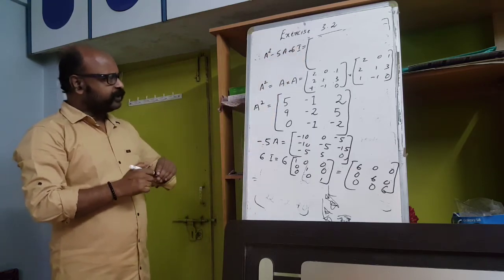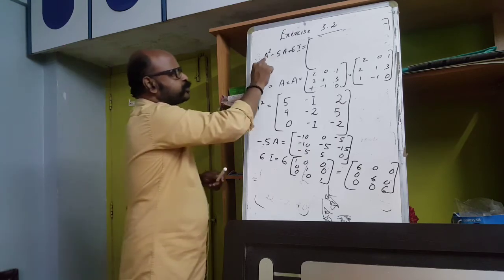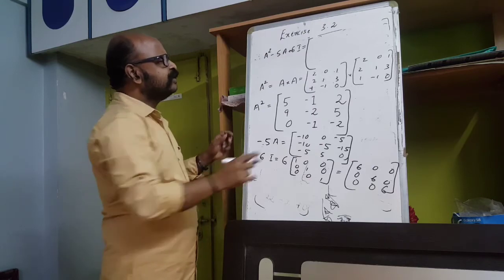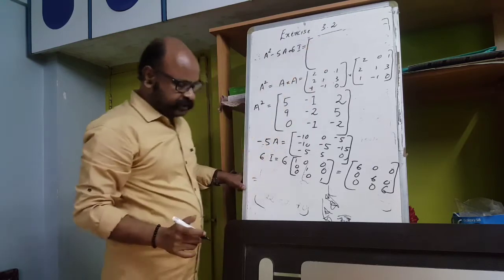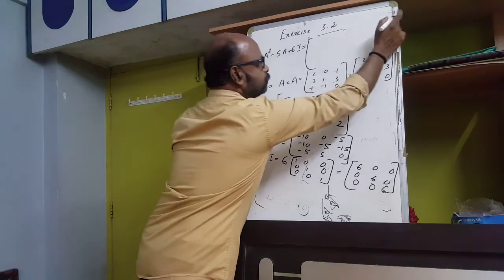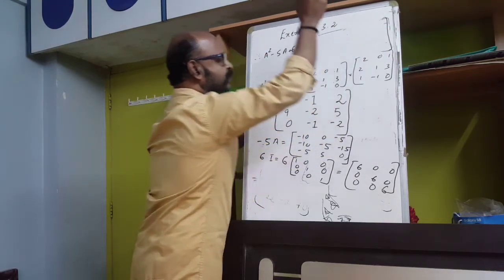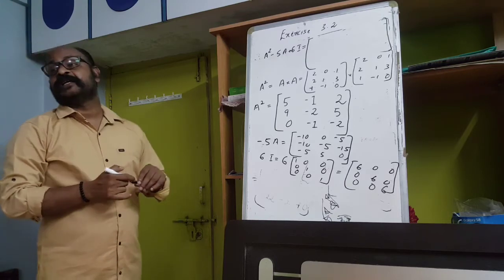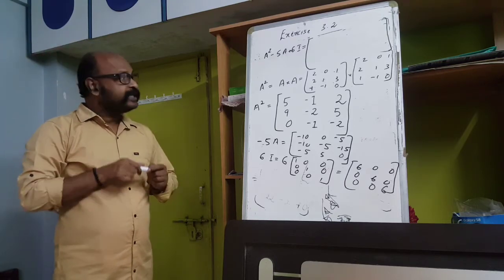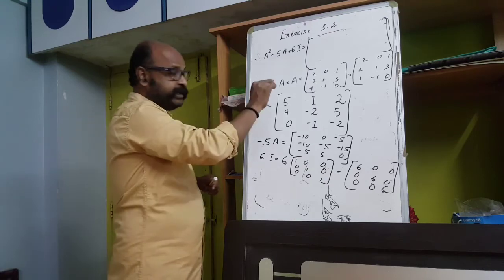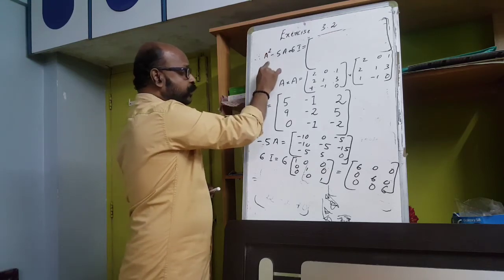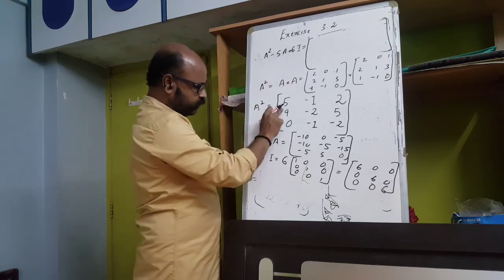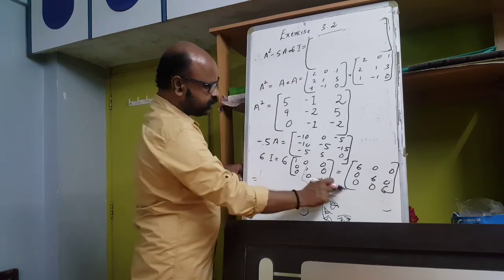So fundamentally we first do a square minus 5a, then add 6i to that, but here for convenience we can do the operation directly. Clear? So a square minus 5a plus 6i, we are adding the corresponding elements of a square, minus 5a and 6i.